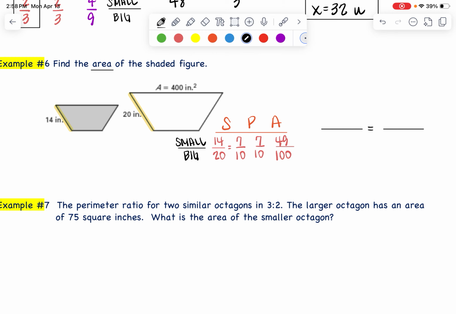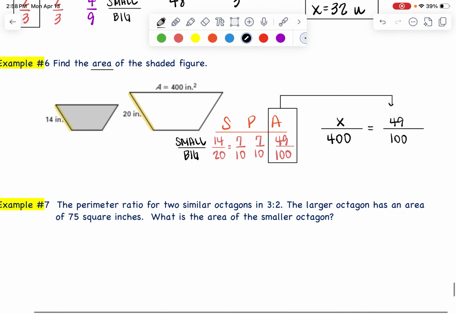When I'm looking for the area of the shaded figure, which is the small one, it's going to go on top. So x over 400, because his area is what I'm looking for. And if I'm setting up an area proportion, I better use the area ratio. Whatever that missing area is, it better be in a ratio of 49 to 100.